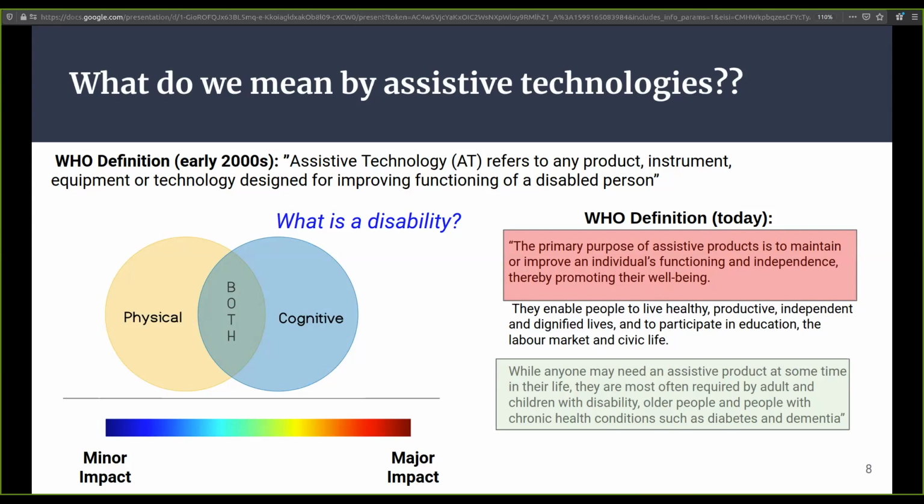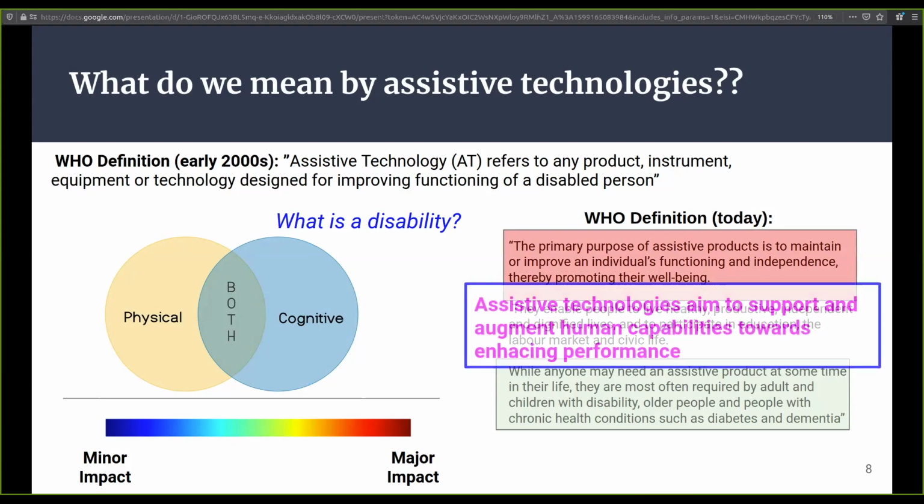So what I think is a better fit for what we envision of assistive technologies for the future is any type of technology that aims to support and augment human capabilities towards enhancing their performance. This can be towards tackling a diagnosed disability or anything that prohibits an individual from thriving in their daily lives.